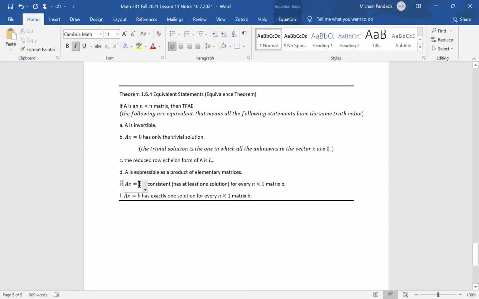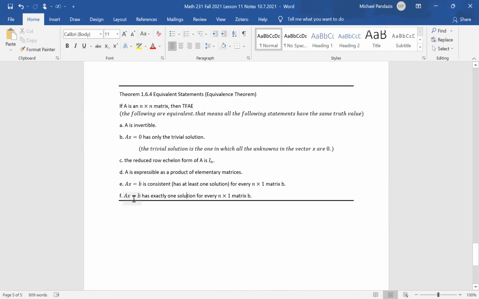For any appropriately sized matrix B that you put there, this matrix equation has at least one solution. And the solutions are possible vectors to plug in for X, right? X is the unknown. X is the thing that would be a solution. So for any n by 1 matrix B, there's at least one solution matrix X you can plug in there. That's statement E.